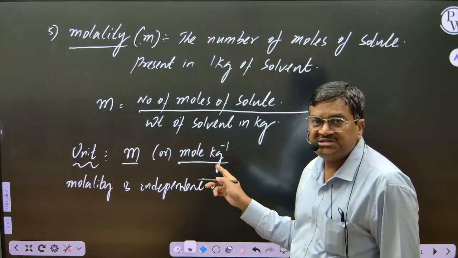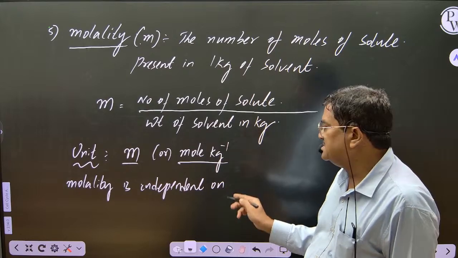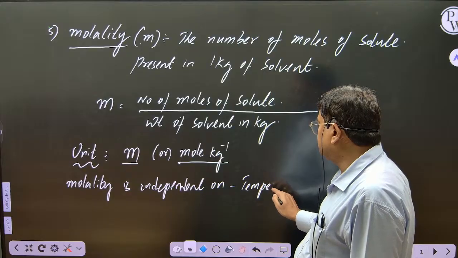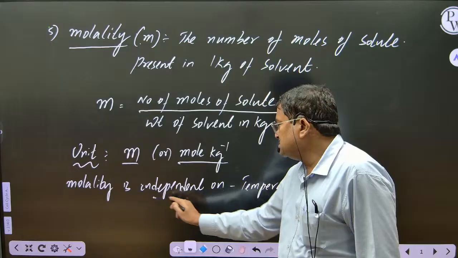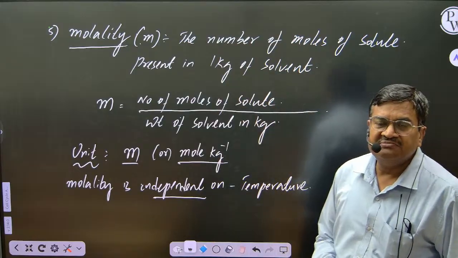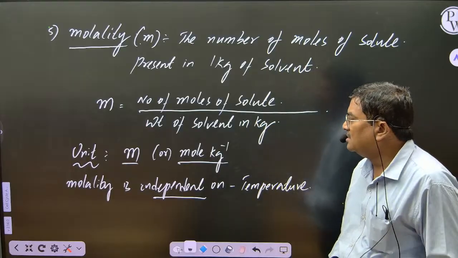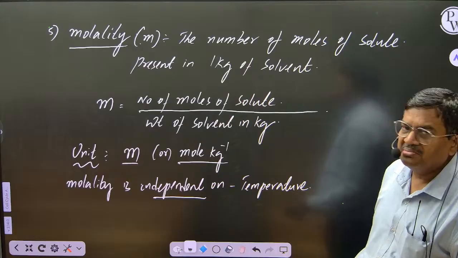As I told you yesterday, there is no volume term. If a volume term is there, temperature will have influence. So in the exam they ask which concentration term is independent of temperature. Molality doesn't depend on temperature as there is no volume term. Copy this.